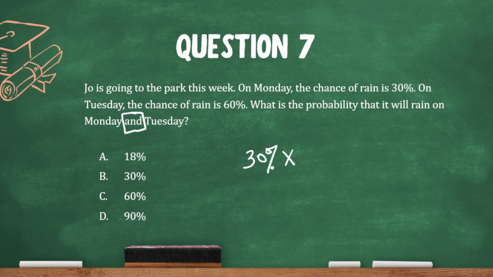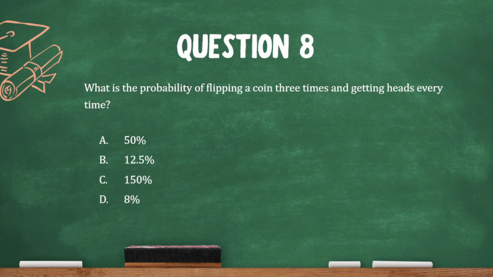We're not weathermen, but someone else is. And we can go ahead and multiply those together to get the probability of both of those happening. So remember to use your percent sign on the calculator, and we will get 18%. So that's A.